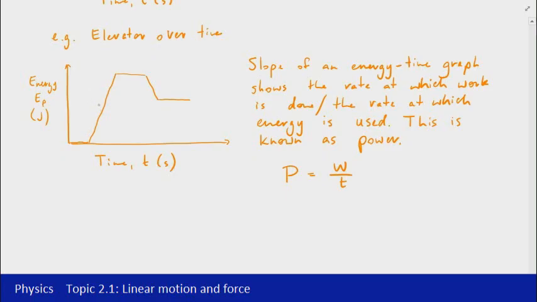So work over time here, we're really finding the gradient of that line. Just as an aside, the units of power are watts, and 1 watt is equal to 1 joule per second. As I said though, power is not something that you'll be examined on in terms of knowledge. It's more just some other information that you can glean from an energy time graph.